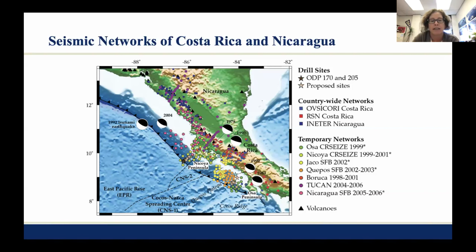And then there were also land stations, both onshore and offshore experiments by the NSF and the German groups, and then also the two countrywide seismic networks in Costa Rica and the countrywide seismic network in Nicaragua. So various parts of these data sets are publicly available.